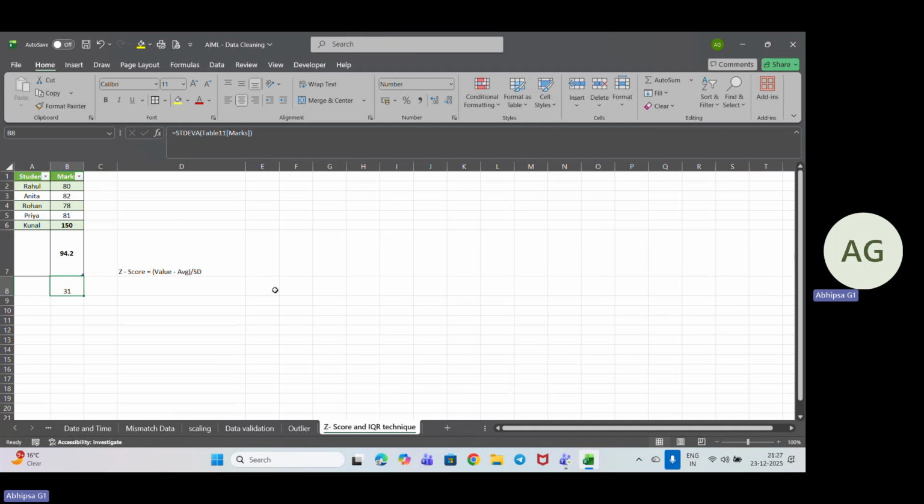Now we have to calculate accordingly. Suppose we are trying to calculate this one, 150. So this would be 150 minus the average value, that is 94.2, and we will be using the standard deviation, that is 31.